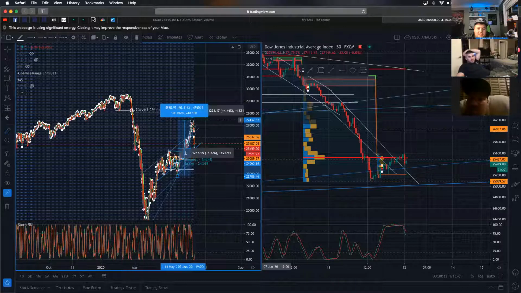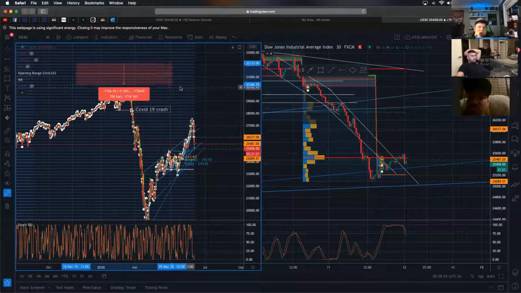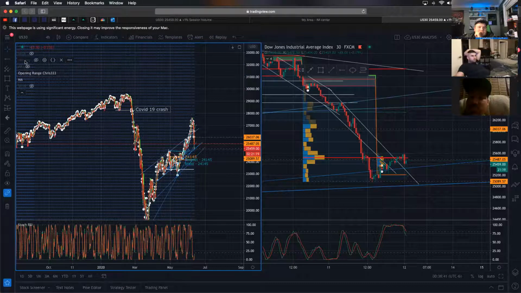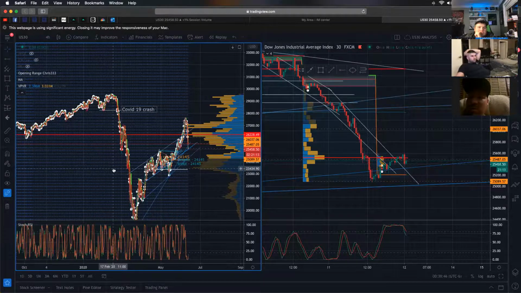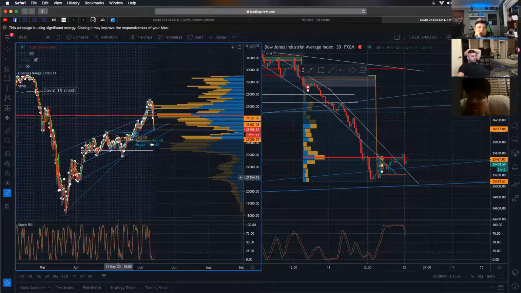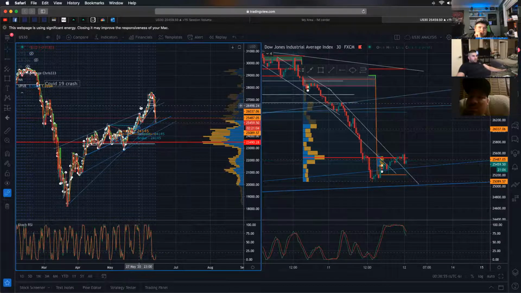Put the visible range on that 4 hour. VPR. So this was a consolidation, which makes sense.